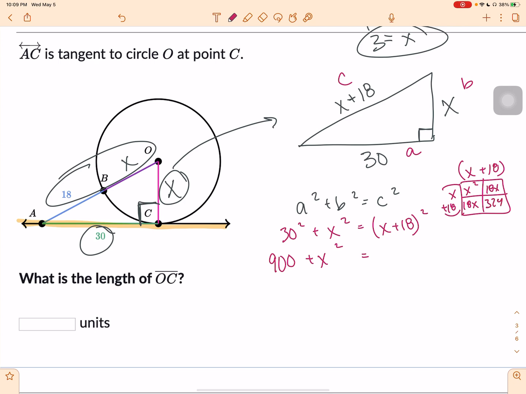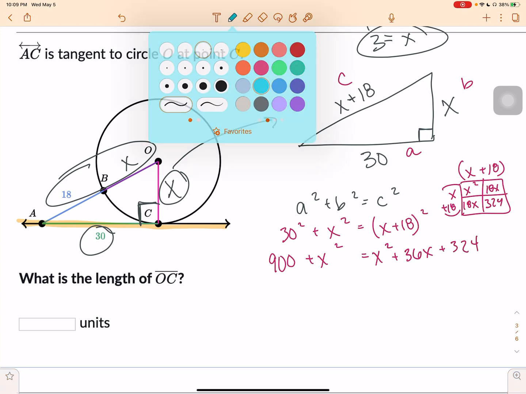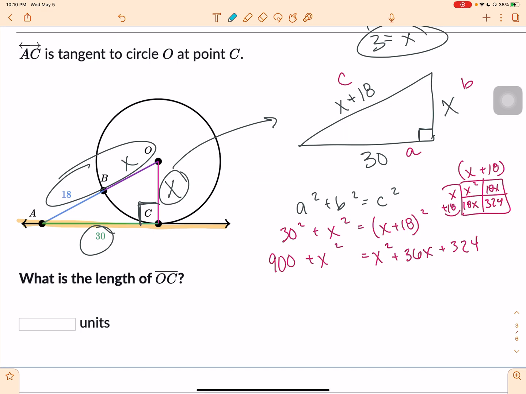So it'll be x squared plus 36x plus 324. So once again, we want to solve for x, subtract the x squared from both sides. So now we have 900 equals 36x plus 324.